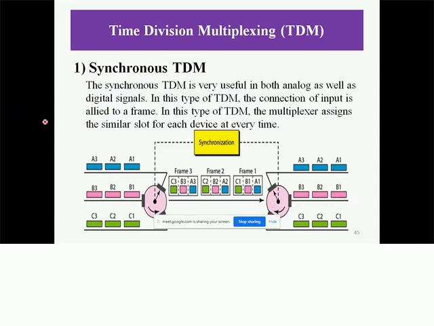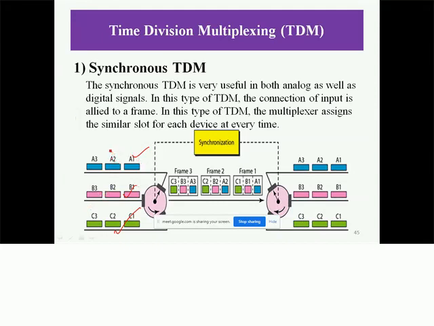What are A1, A2, A3? They are basically the time pulses, shown here. Similarly for B there will be B1, B2, B3, and for C, C1, C2, C3. So different time spans are there.